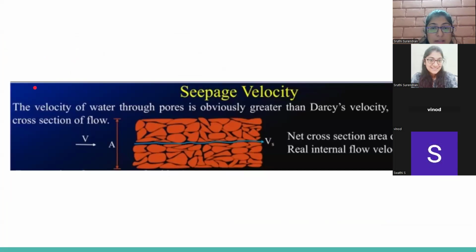Now, seepage velocity, what does it mean in physical sense? When you take a particular part in this entire medium for which you're considering Darcy's law, say we want to calculate the velocity of groundwater flow through this entire medium, then that velocity is given by the discharge velocity.